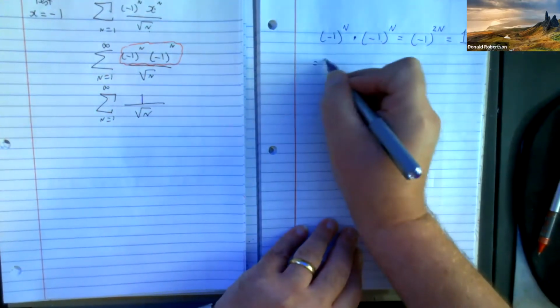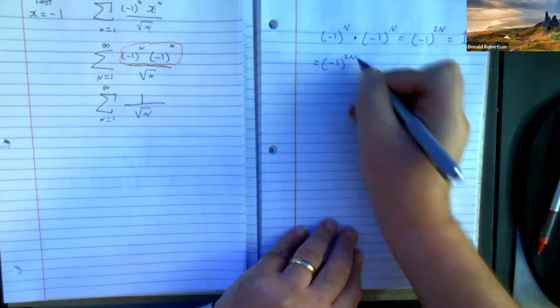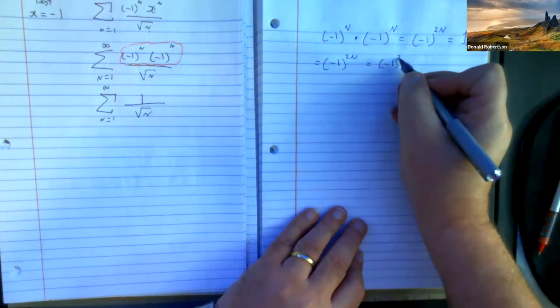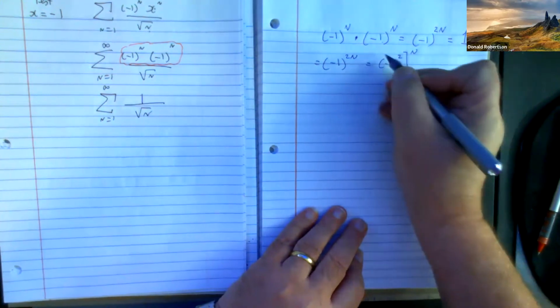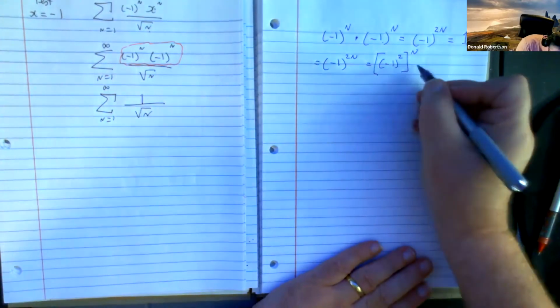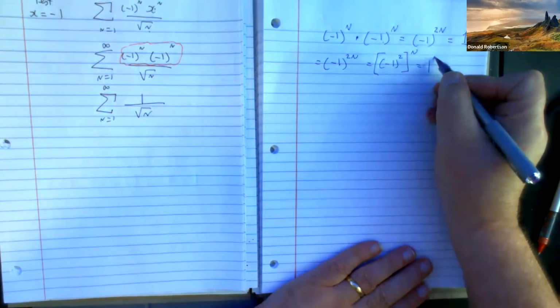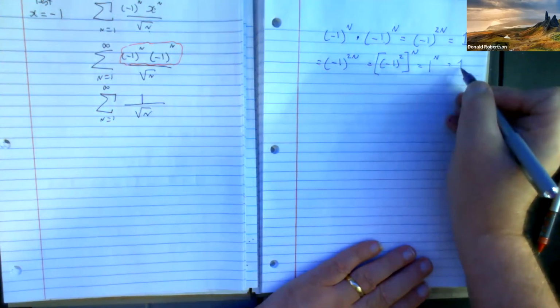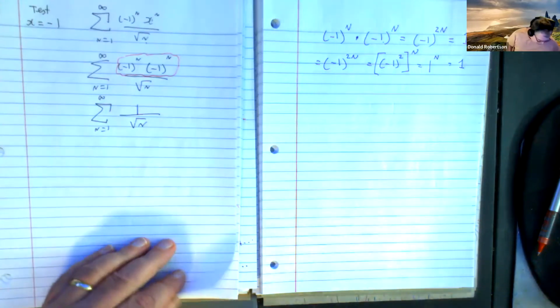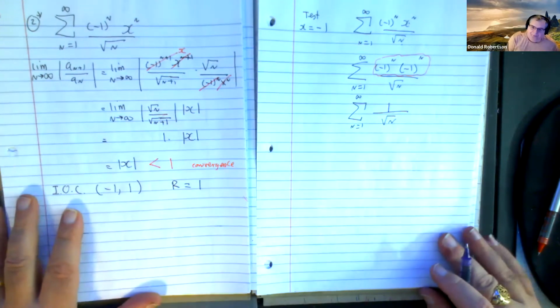I could, however, approach this slightly differently. See this guy here? I could call it -1 squared raised to the power of n. That is equivalent to that. And -1 squared is 1, and 1 to the n is still 1, right? So whatever way you convince yourself, do you notice that the answer is 1? So there's our guy.